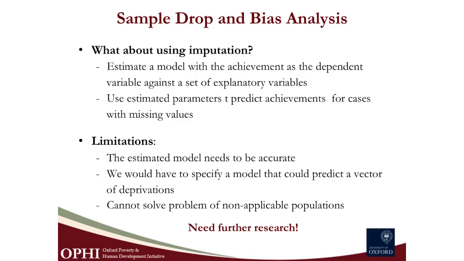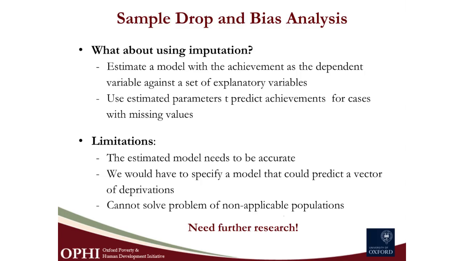Yes. About imputation, yes, that's true. In income, in poverty, they use imputation lots of times, so it's practical. So what is imputation? They have a model where the achievement is the explained variable, the dependent variable.